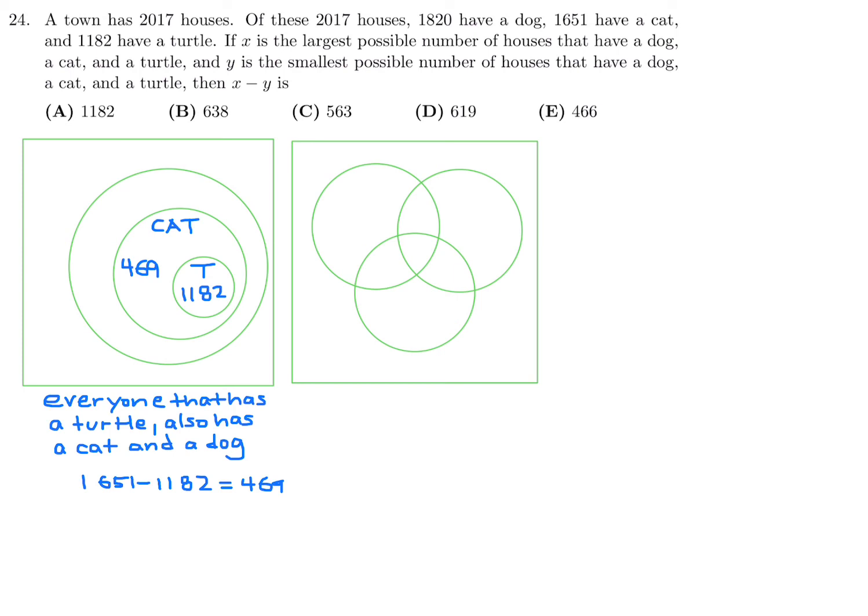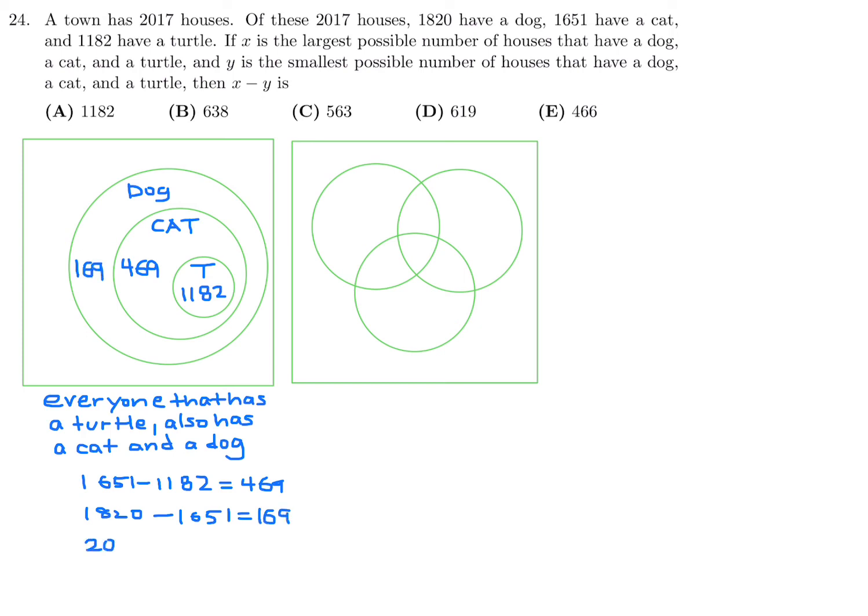And then 2017 is the total, and 1820 have a dog, so 1820 minus 1651 would give you how many go into the dog section, only dog, and that's 169. So that 169 goes here.